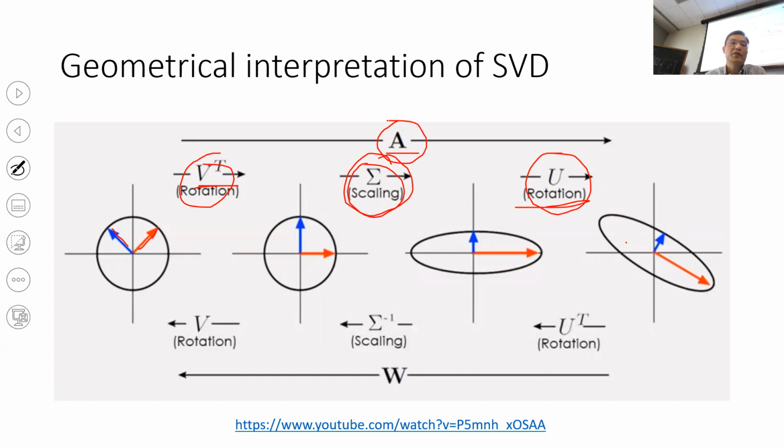So if you apply A to some of the data points, blue and red, at the end you will get the blue and the red in this rotated and stretched position. If you apply those reverse operations back, you can actually transform the data back to the original.